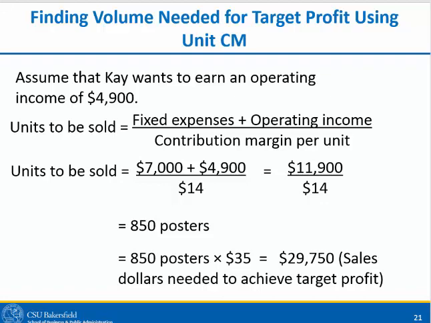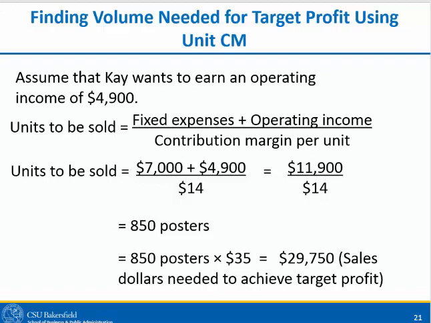You can go all the way back to the information slide, the case business, to figure out this $35. So you multiply $35 by 850 posters, then you can figure out that in order to achieve the target profit, KL must have 29,750 in revenues, which is equivalent to selling 850 posters.